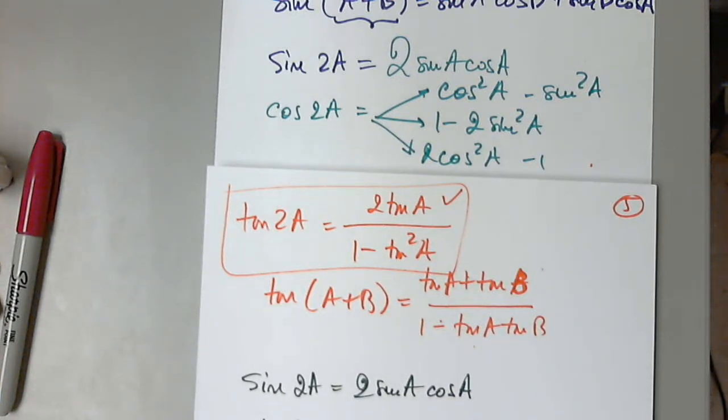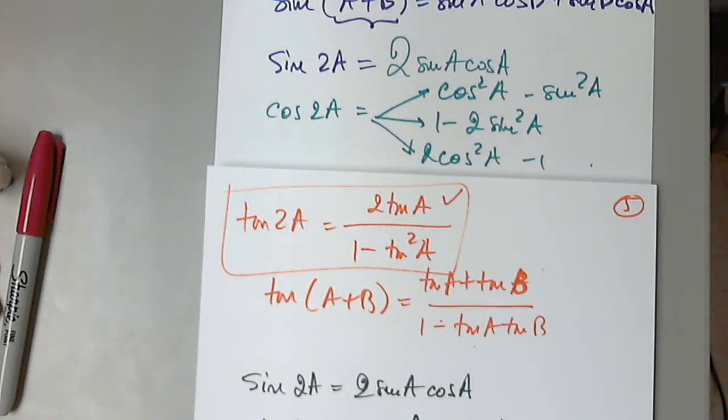And before you say anything, I just want to give you a hint. If this is twice A, this is A, and this is A. If this is 4A, then this is 2A, and this is 2A. But what if I want now sine A? What should I write? The 2 has to be in front. So what will be the relationship? Sine A over 2. Thank you. And cosine A over 2.